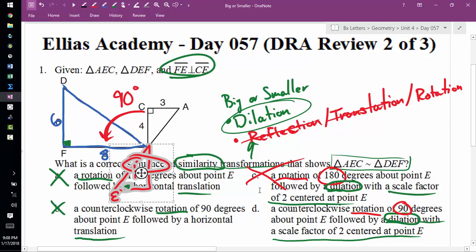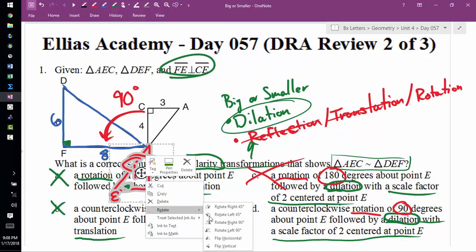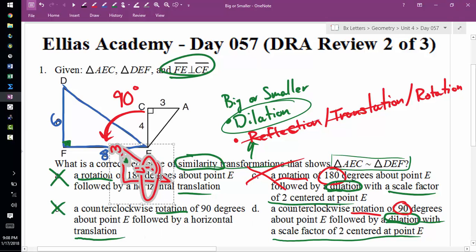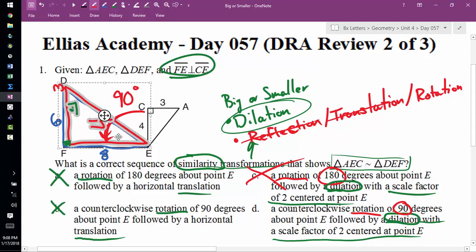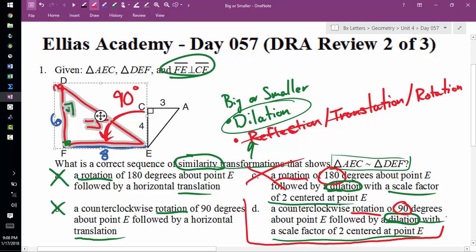Let me put this back. It rotates 90 degrees counterclockwise, and then it gets dilated to map on, to stretch out. And that's why our answer choice is D.